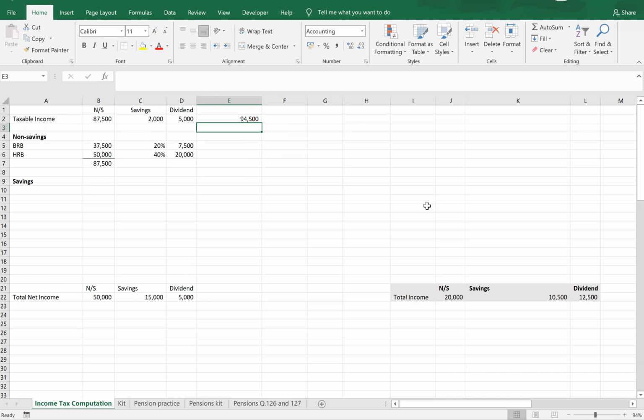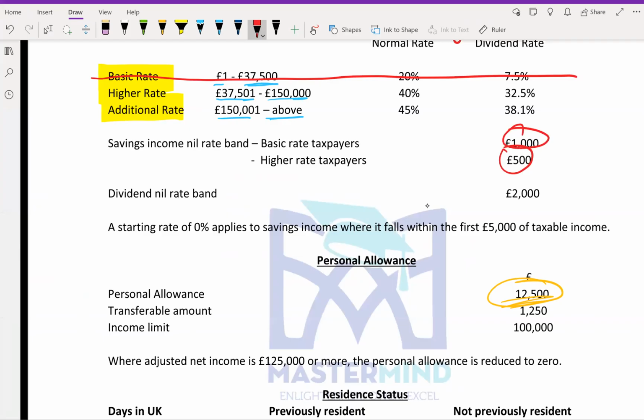Taxable income is after deduction of personal allowance. What is the amount? Come on, guys, say it out loud. 94,500. Which band does it fall in? Higher rate. That means I'm a higher rate taxpayer.